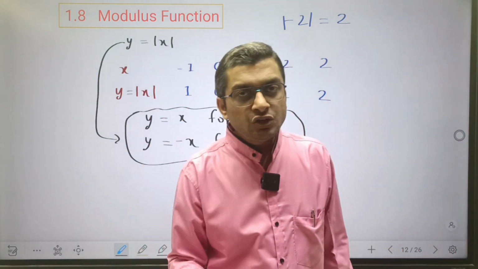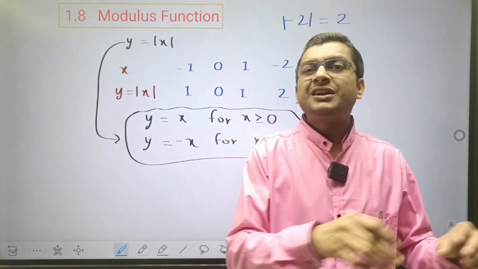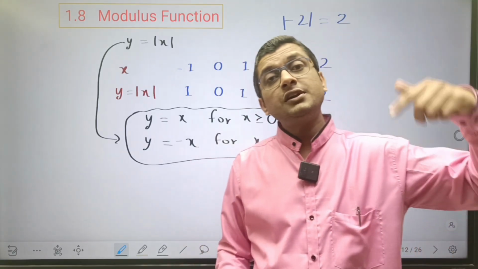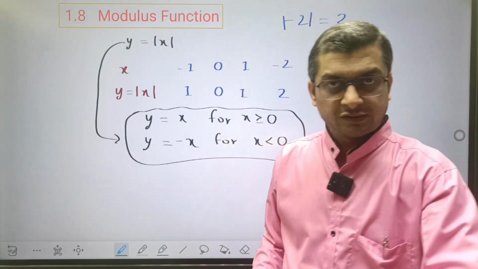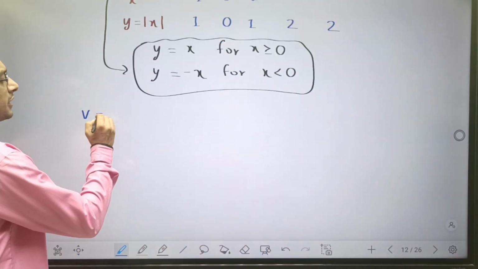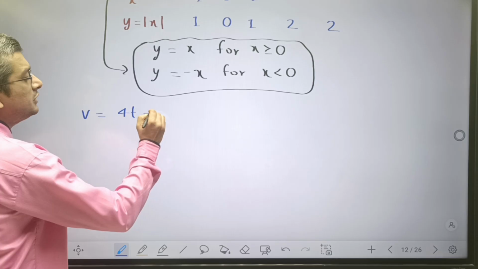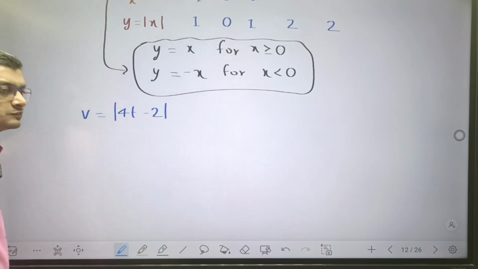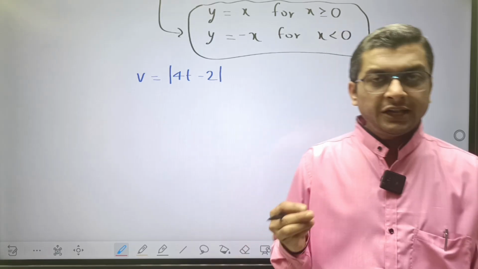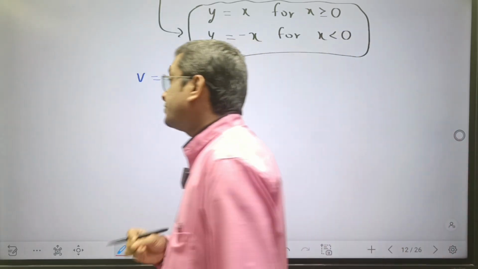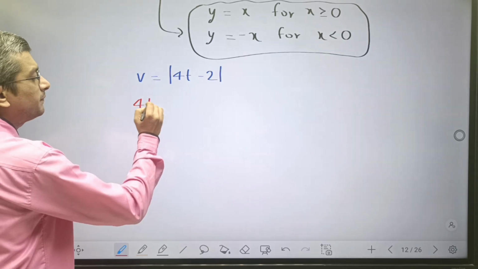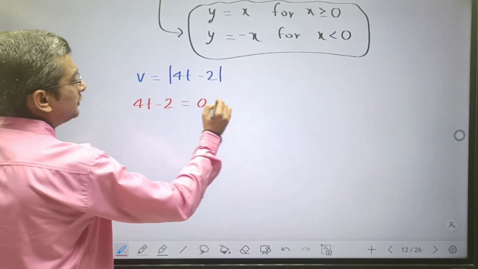So whenever in a question you are given a condition of velocity or something like that as a single equation with a modulus function, you have to convert that equation into independent equations. For example, suppose the velocity of a particle is given as mod of 4t minus 2. Dear students, directly you have to form two different equations, and the procedure is, first we find the value of t for which this expression reduces to 0.